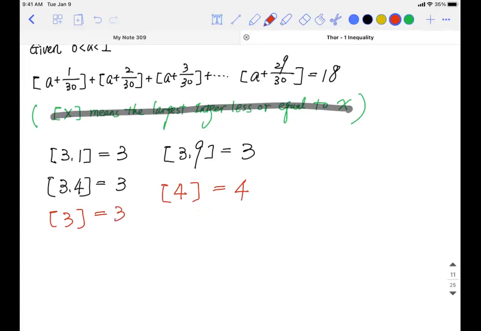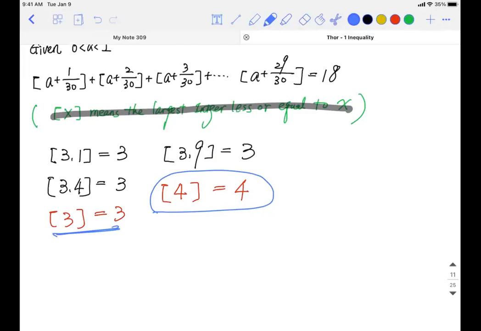So if you have an integer, the Gauss function of an integer is always itself. Because what is the largest integer less than or equal to 4? Of course, 4. Same thing, what is the largest integer less than or equal to 3? It's going to be 3, which makes sense, right?